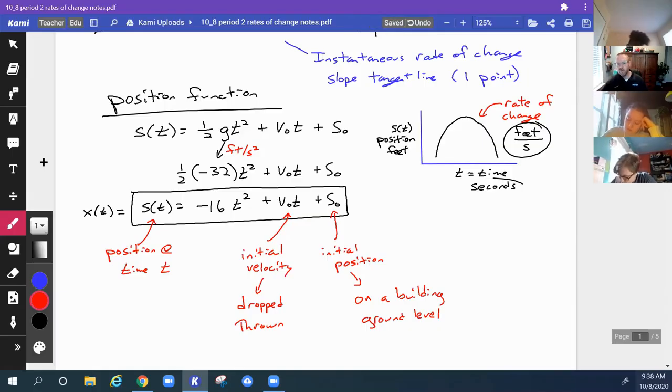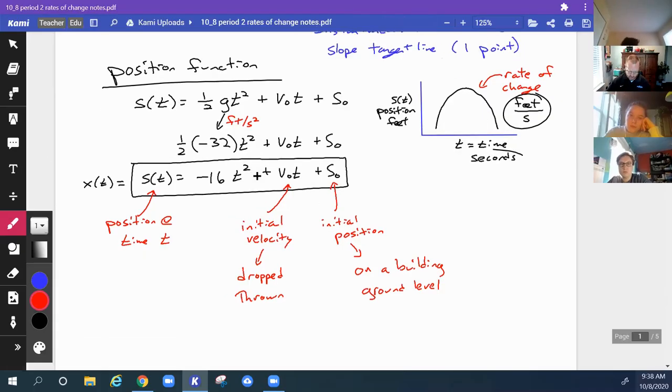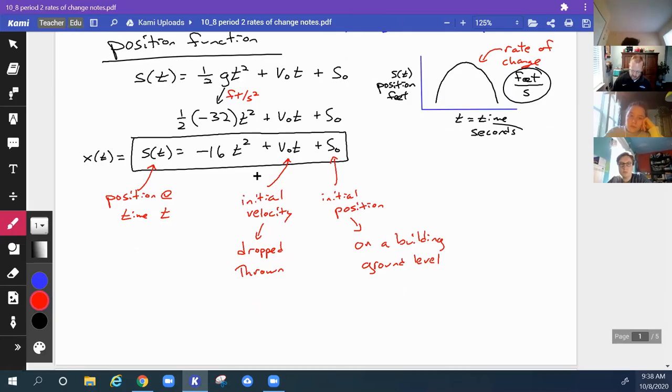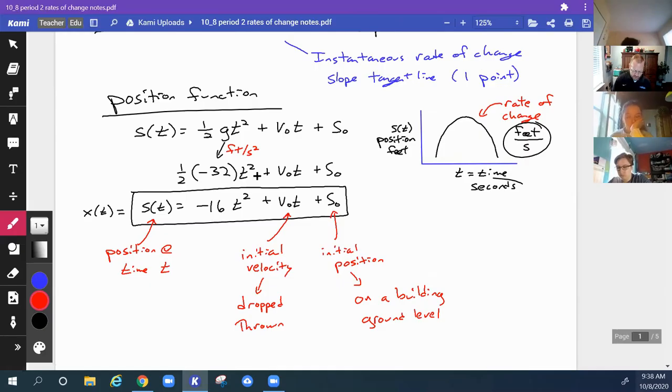Not everybody has been through physics or wants to take physics, or maybe you're currently in it and haven't talked about these things yet. So this is just some things to think about in this class when we deal with these problems. In order to use this equation and show the types of problems we're going to deal with, we're going to do one problem out of the book and use that as notes. Remember, this is just a position function.